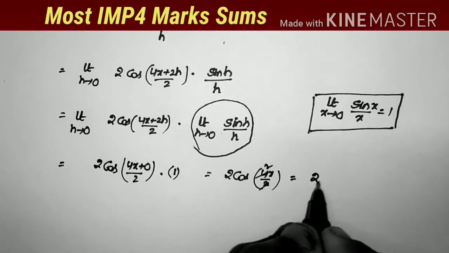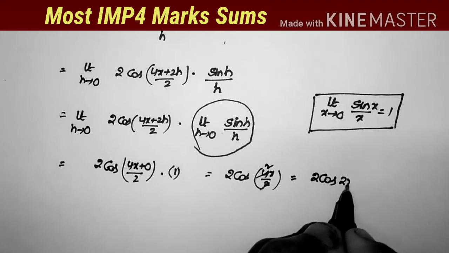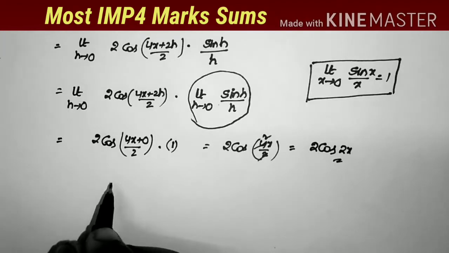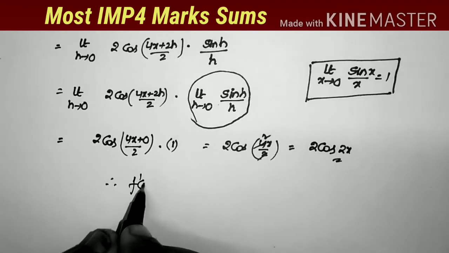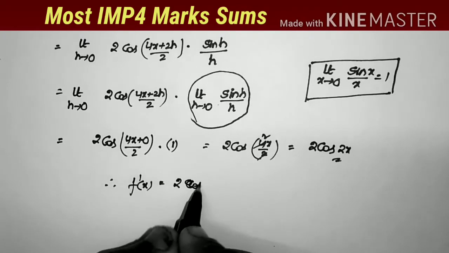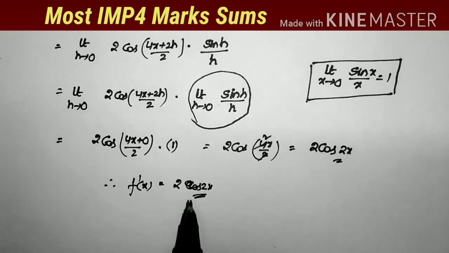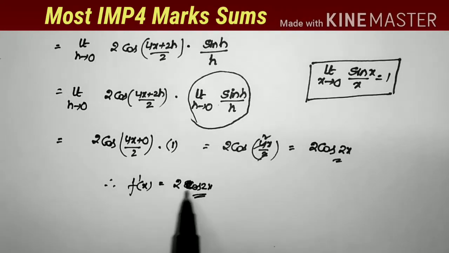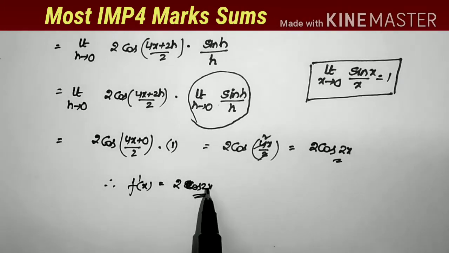It is cancelled by 2 times, so the answer is 2 cos 2x. Therefore f dash of x, that is the derivative of sine 2x, is equal to 2 cos 2x. This is the answer obtained by applying the first principle.